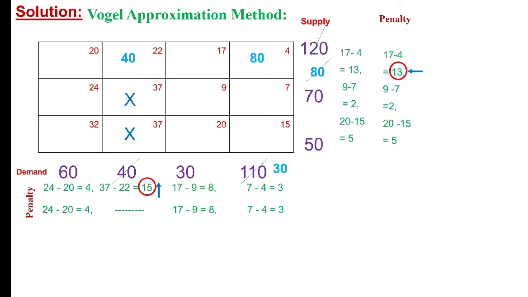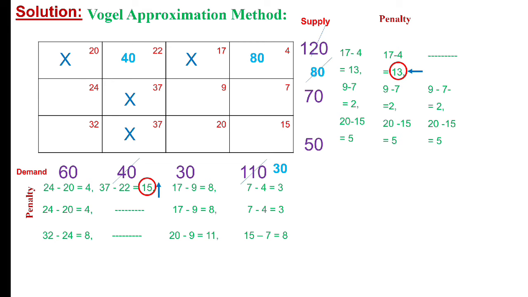Second row and third row of the first column: 32 minus 24, 8. Second column filled. Third column, 20 minus 9, 11. Fourth column, 15 minus 7, 8. Here the maximum row-wise is 2, 5. Column-wise 8, 11, 8. So the maximum is 11. You have to select it.